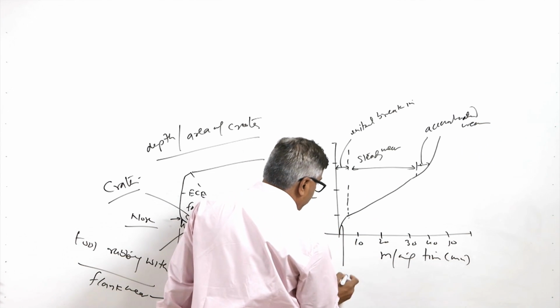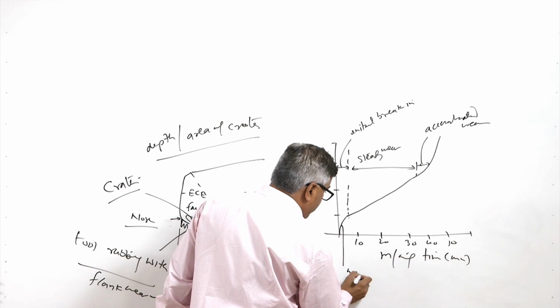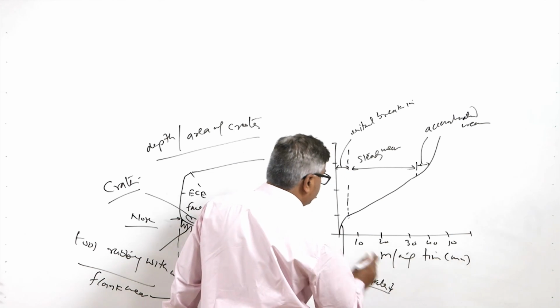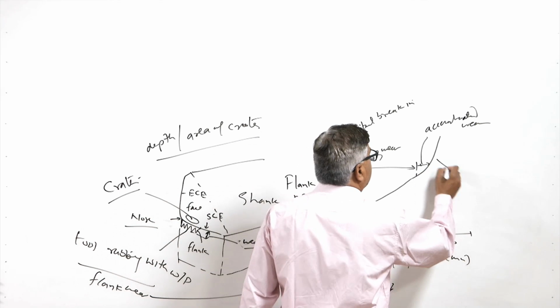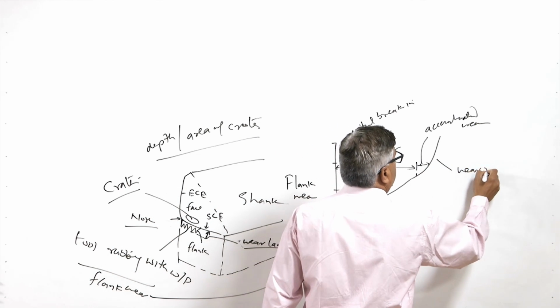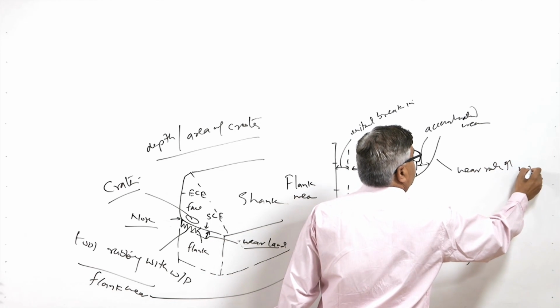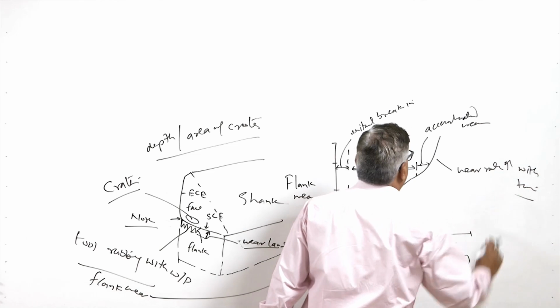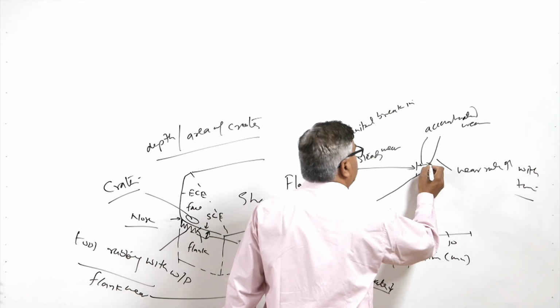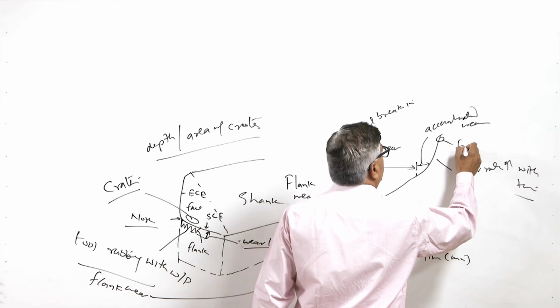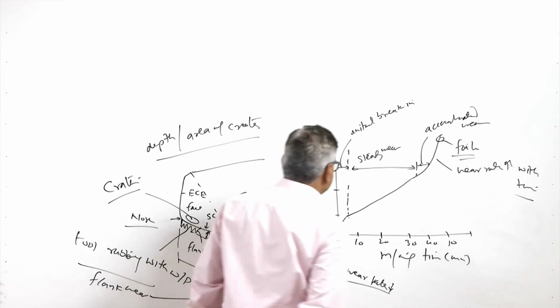So here the wear rate actually decreases as a function of the machining time, and here the wear rate increases with the machining time. So thereafter, the failure of the tool will be occurring. So here the tool fails.